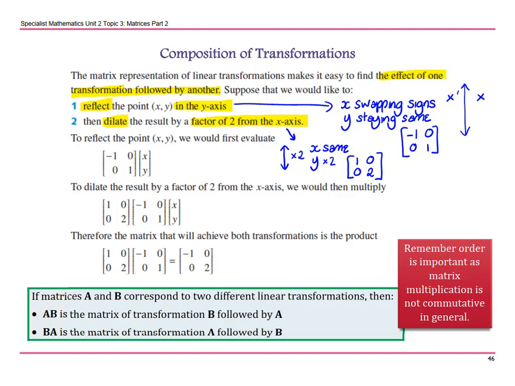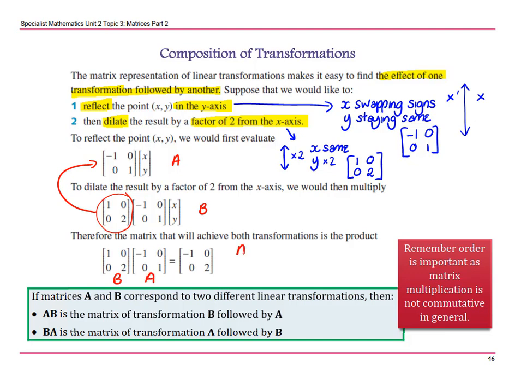So the dilation goes in front of what we previously had. Okay, so you can see that this is going in front of what we just did. So therefore, the matrix that will achieve both transformations is the product of those two. But if you notice, our first one was A, our second was B, but when we look at what we need to multiply, it's BA.